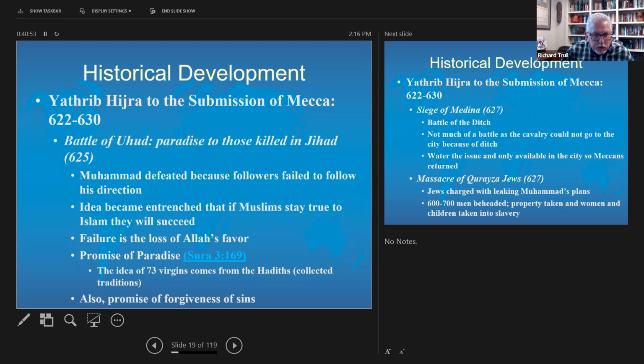So failure is seen as a loss of Allah's favor. You see the promise of paradise in Surah 3:169. You don't see the idea of the 72 or 73 virgins, which comes from the hadiths.